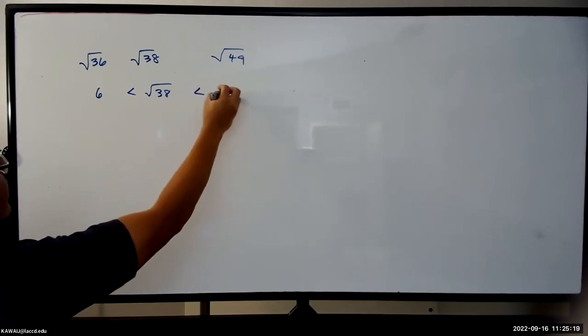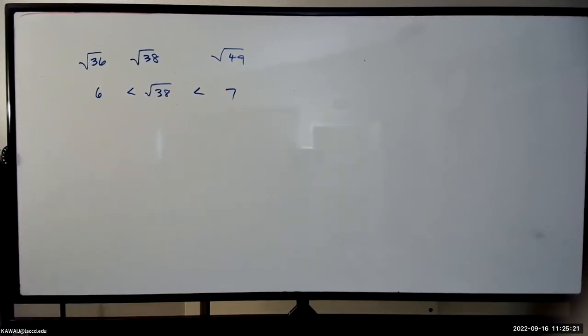It means that 38 is in between 6 and 7. Okay, so what you want to do when you're trying to estimate a square root, look at the perfect squares that are bigger and smaller than it.